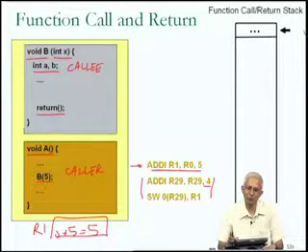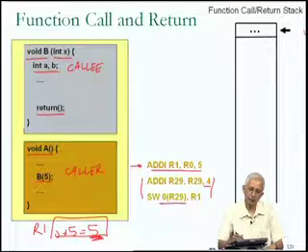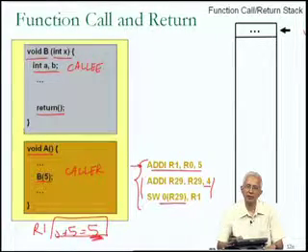This is causing the stack pointer to get updated by 4, and then that particular memory location, which is referred to using base displacement addressing mode by displacement of 0 from R29, is where I store the value which is currently stored in R1. What does R1 contain? R1 contains the value 5. So the net effect of these three instructions is to push the value 5 onto the stack.